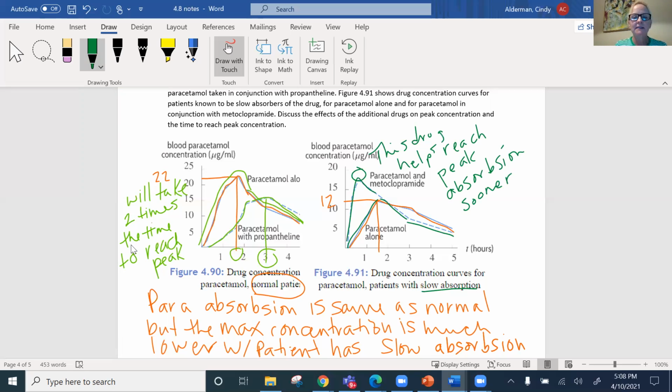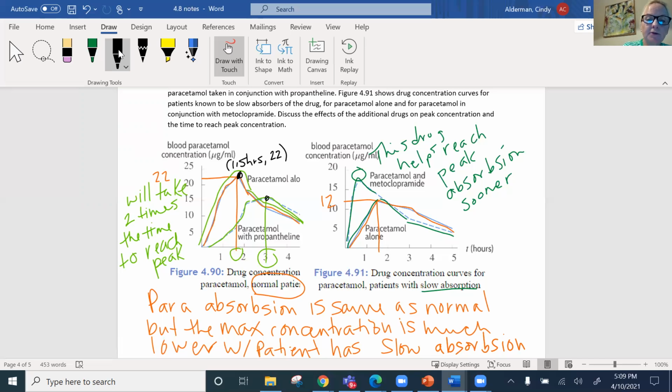So it's really, like I said, it's just reading the graphs, right? And I guess we could name some of these points. Let's see. This is like here, 1.5 hours and 23 concentration, or what did I say, 22?